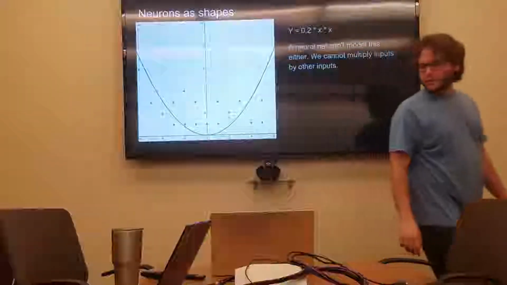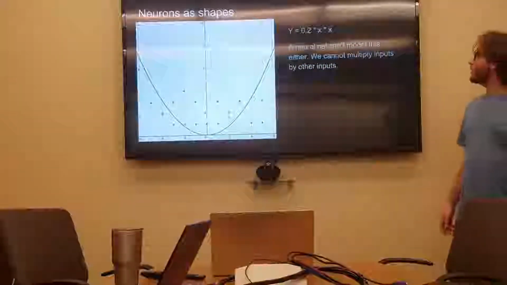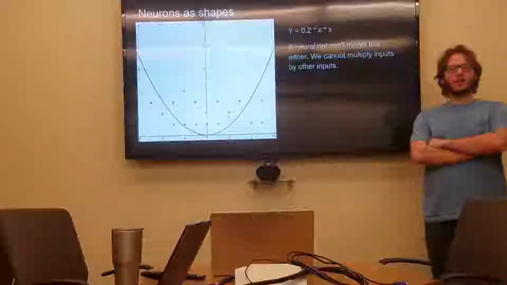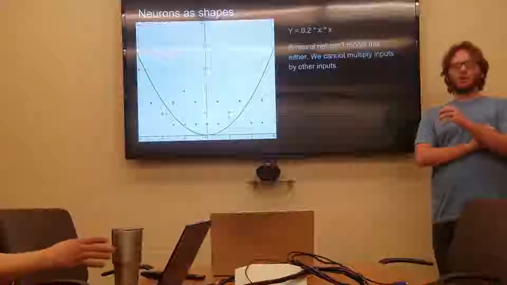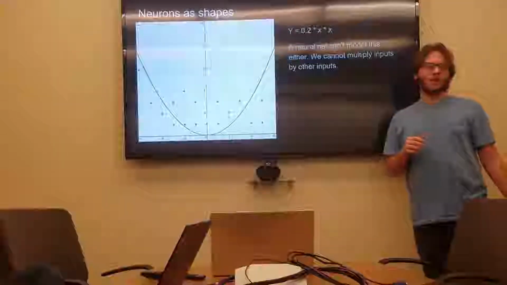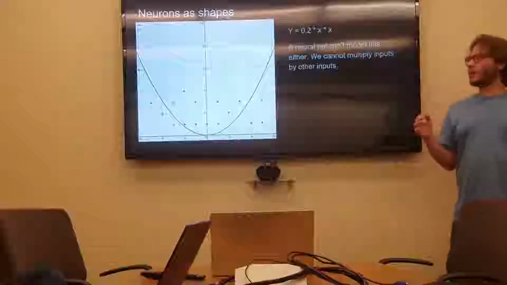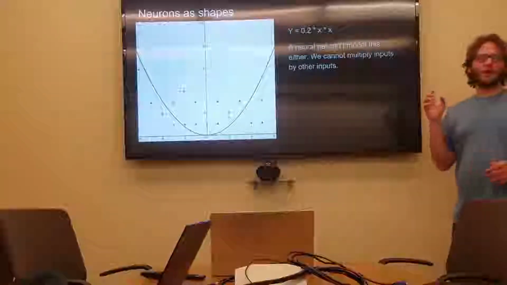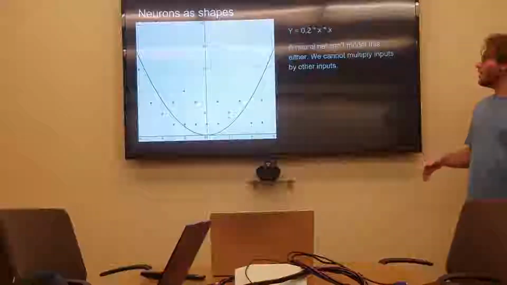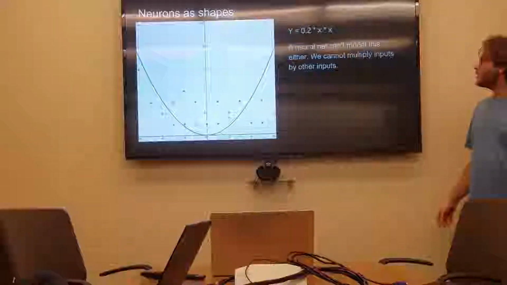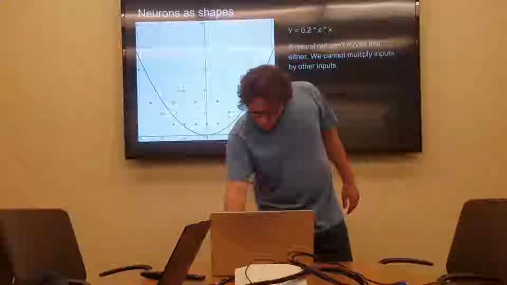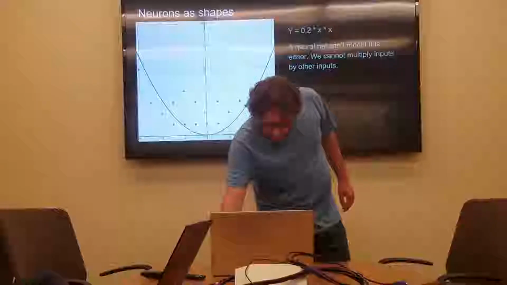We can have our x squared going on there, but neural networks can't really model that because we can't multiply inputs together. We can multiply inputs by weights, and you could sort of model this if you had enough neurons that you can just keep multiplying them together, but it's not going to work with more and more inputs, and it's not going to work very well overall. So that's not really an option.